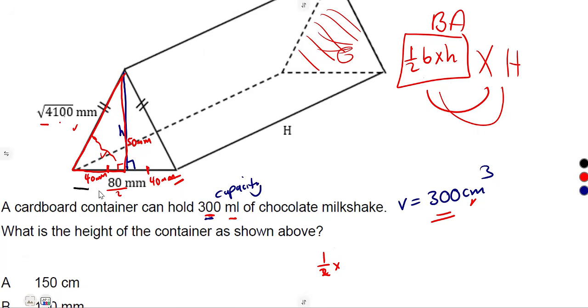So the base of the triangle is the 80 millimeters. So convert to centimeters, divide by 10, it's what? 8 centimeters. Our perpendicular height, which we calculated 50 millimeters, divide by 10, that's what? 5 centimeters.